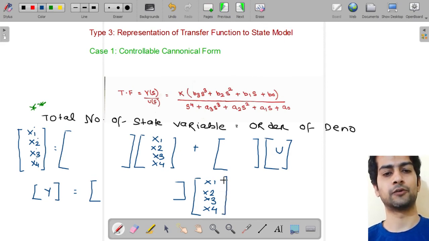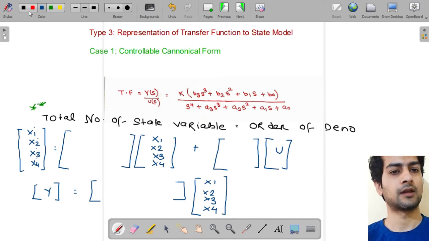I am going to give you a shortcut, a very important shortcut. It will help you in solving this question within a minute. So how to write matrix A? For the first row, the first two elements will always be 0, 1.